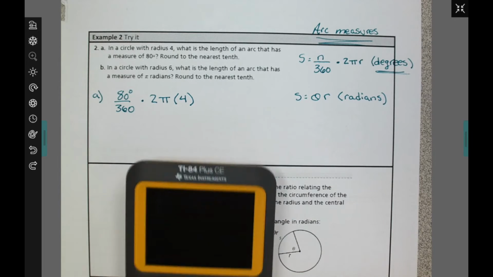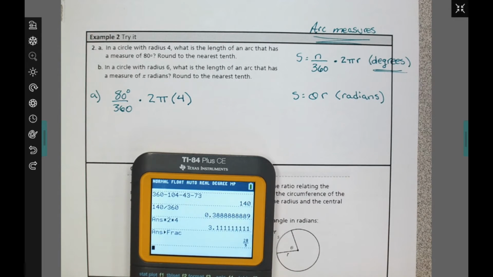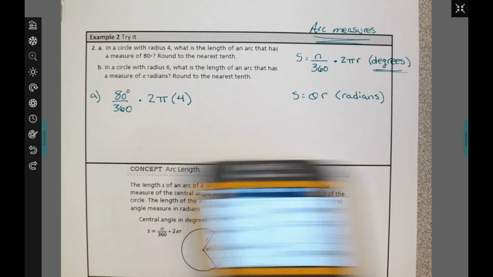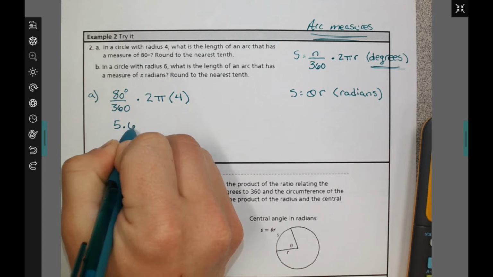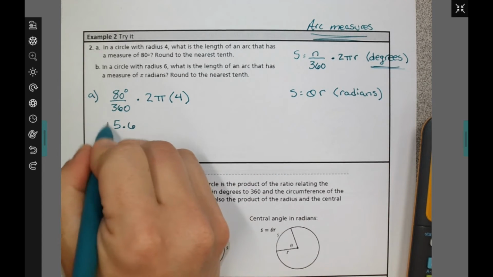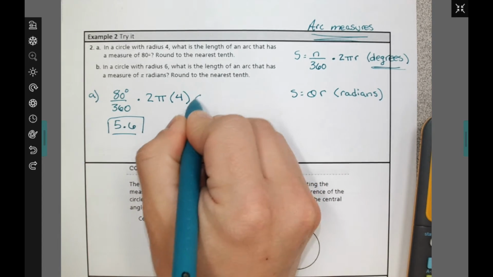From there it's all calculator driven. You can just type it straight in: 80 divided by 360 multiplied by 2 multiplied by pi multiplied by 4. And they want it to the nearest tenth, so it's going to be 5.6. Okay, that would be your answer for A.